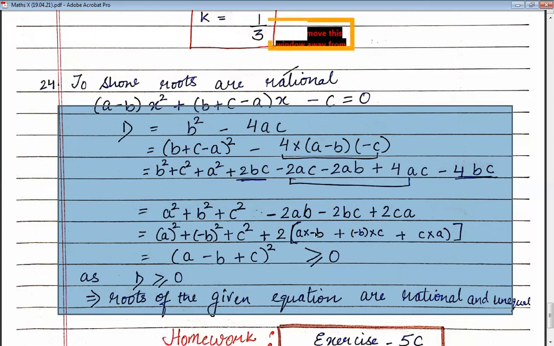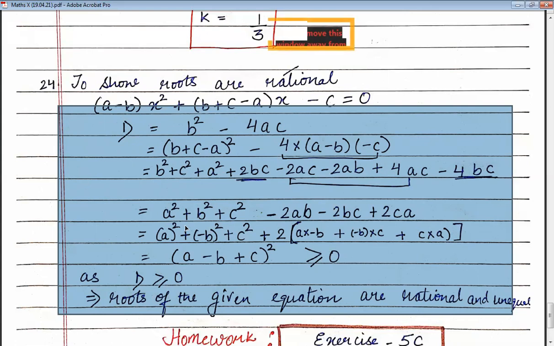After cancellation, you get a square plus b square plus c square minus 2ab minus 2bc plus 2ca. Now you can write this as a minus b plus c, whole square. As this is a whole square, it is always greater than or equal to 0.